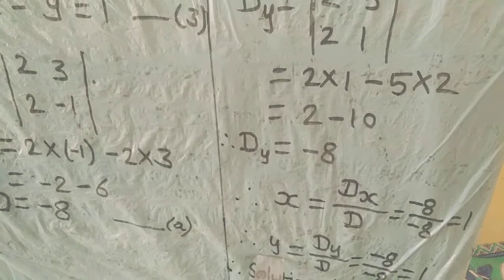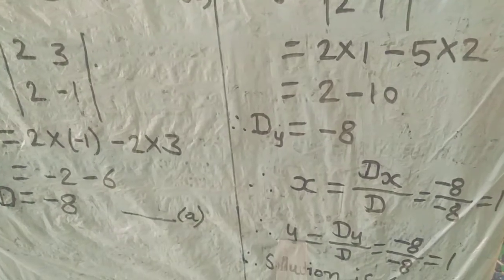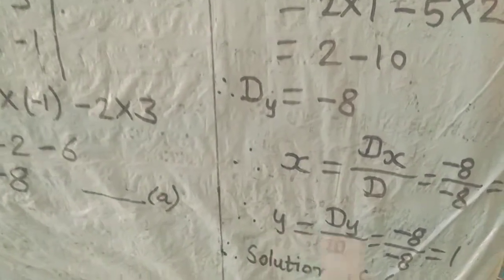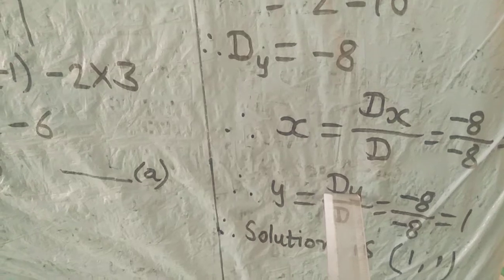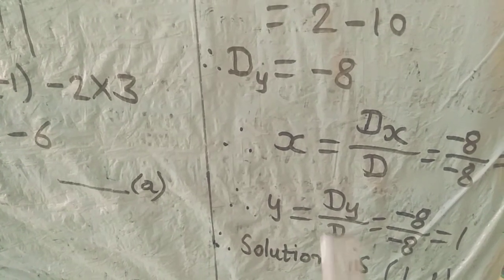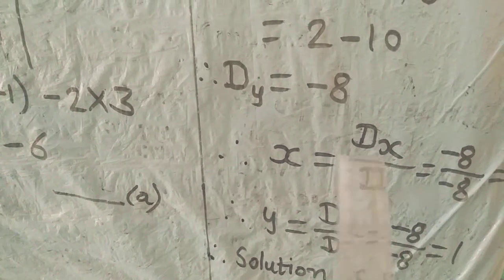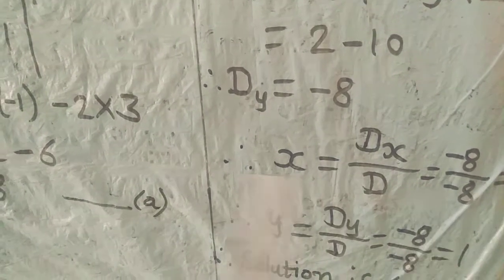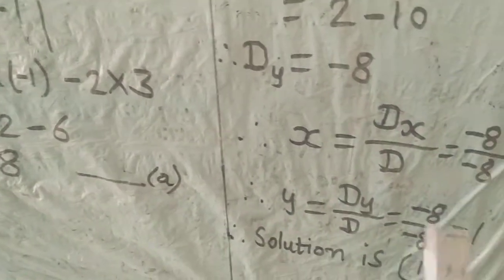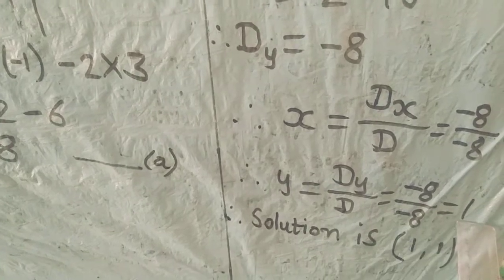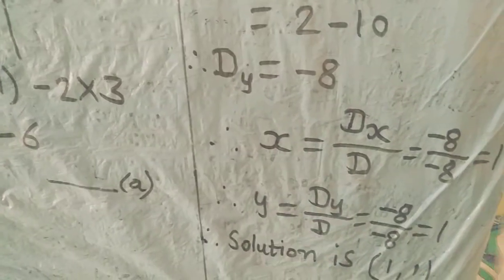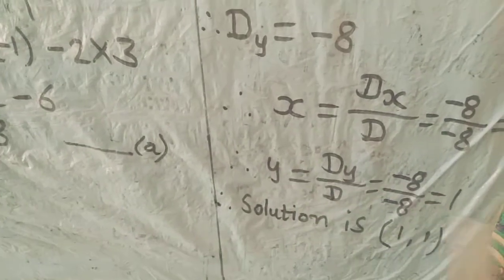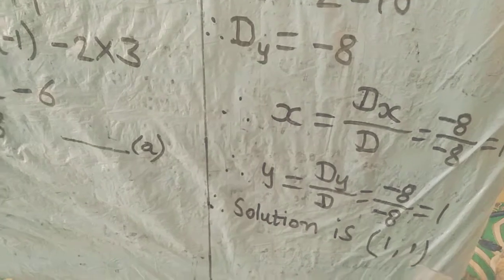Now come on to the value of y. Value of y we get by taking the ratio of dy upon d. Value of dy is minus 8 upon value of determinant d is minus 8, that is 1. So the value of x is 1 and the value of y is also 1. So the solution is 1, 1.